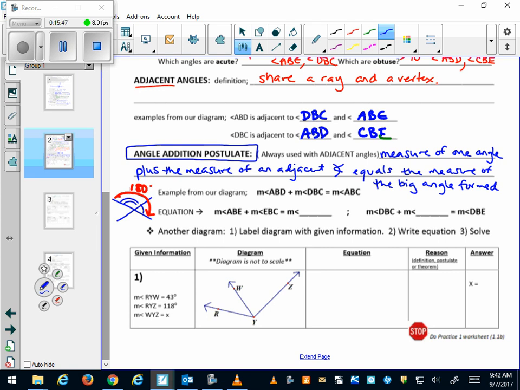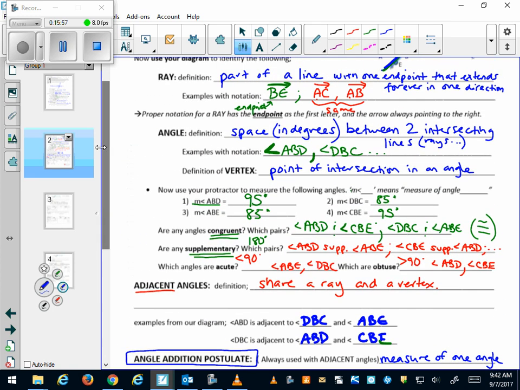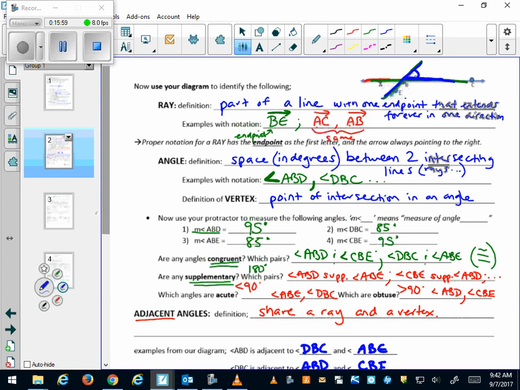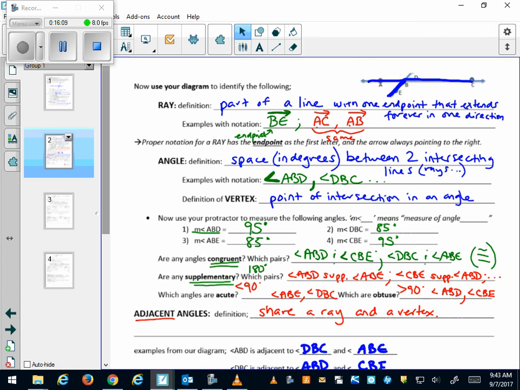Two adjacent angles can add up to something besides 180 degrees. If we fill in these equations using our diagram, though, measure of angle ABE plus the measure of angle EBC. So ABE plus EBC equals what big angle? If you stick those two together, it makes this big angle. So we would call that ABC.